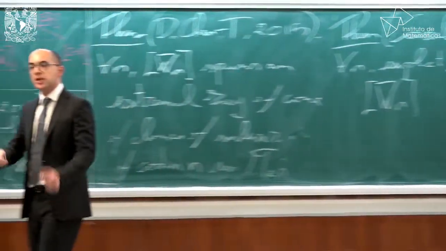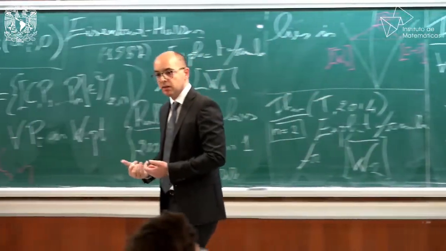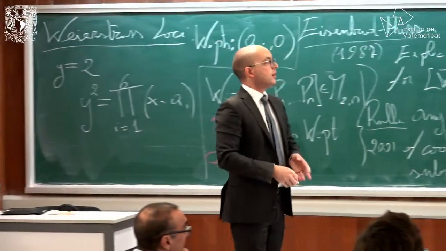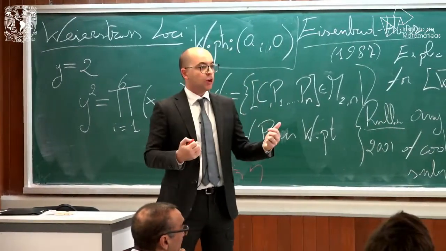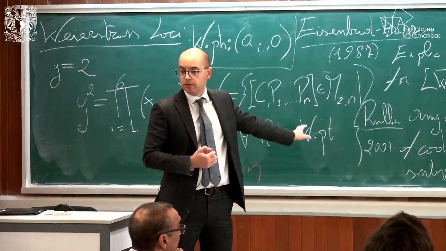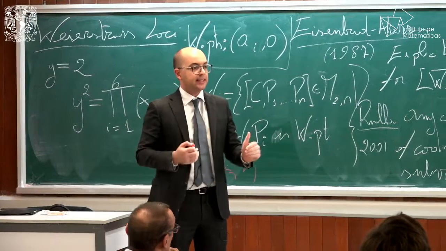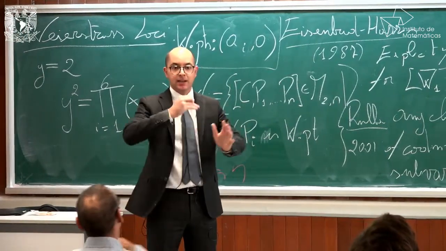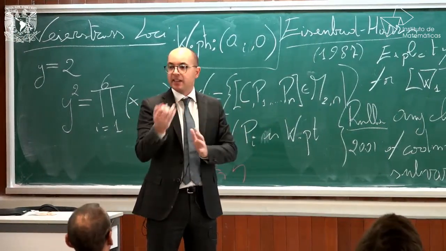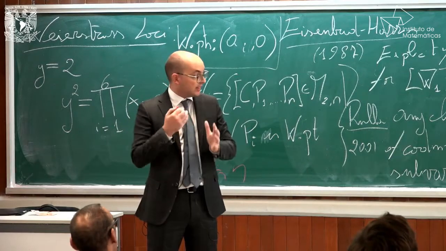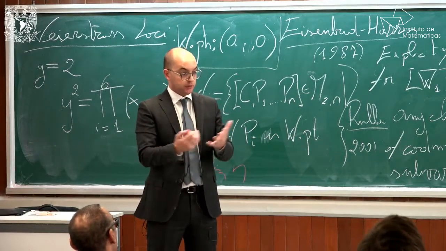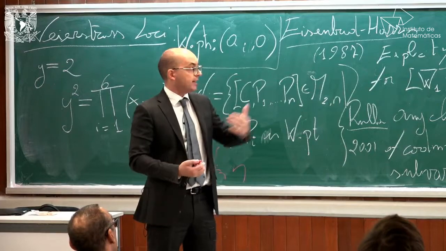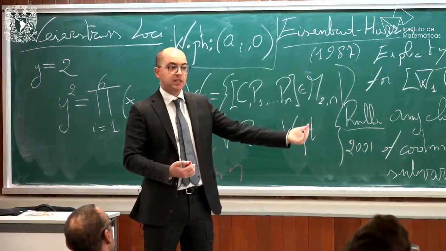The idea is to use a recursive argument that allows us to get the general formula from the case n equal to 1. So just using the case n equal to 1 and using a geometric recursion suggested from the geometry of the subvarieties, we obtain this numerical result of producing explicitly the class.